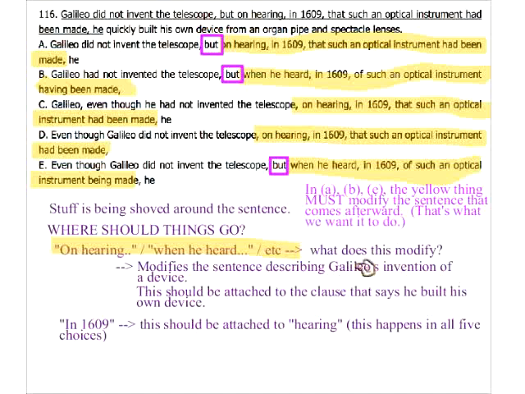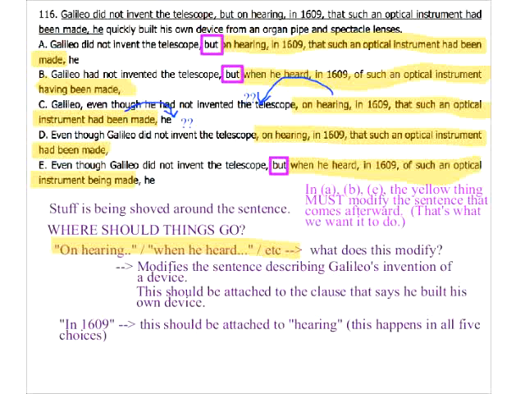We figure that out from the meaning of the sentence. On hearing that an instrument had been made, he made his own. This is what he did on hearing that someone had made one of these things. The problem with C and D is that we don't really know what it's modifying. We don't know if it's modifying that part or that part. I mean, we know in terms of common sense that it's supposed to be the second one of those.